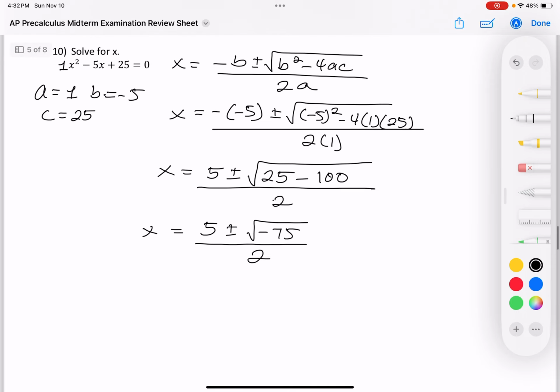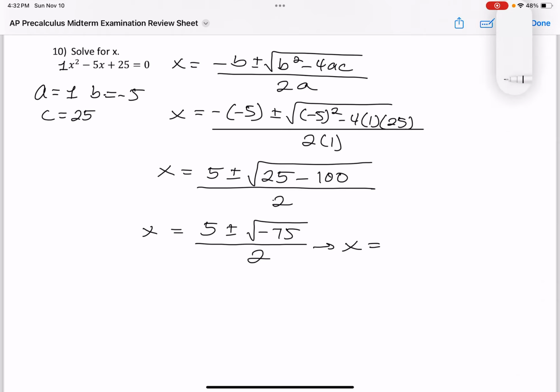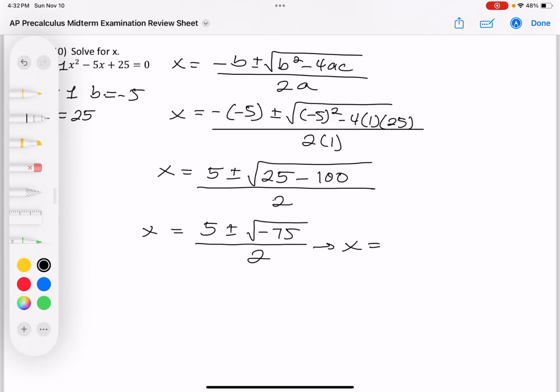There's a negative under the square root. So you know what that means? That means imaginary number. We'll have complex solutions, non-real solutions, as I should say. So that's going to be 5 plus or minus i square root of 75 over 2. The negative inside the square root becomes imaginary on the outside.